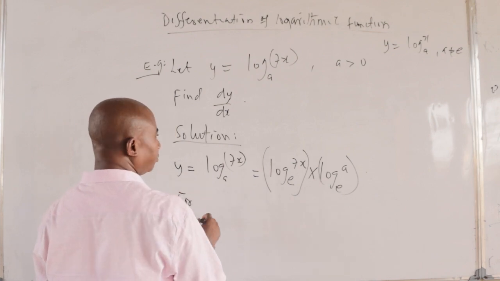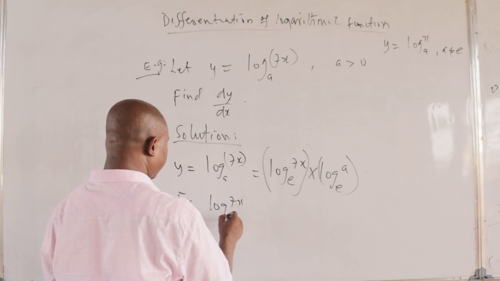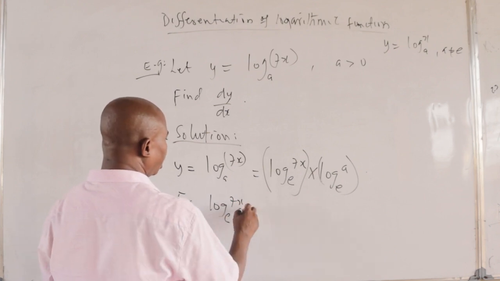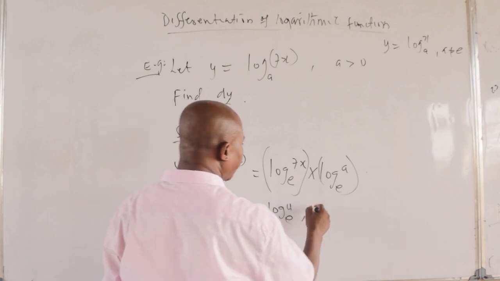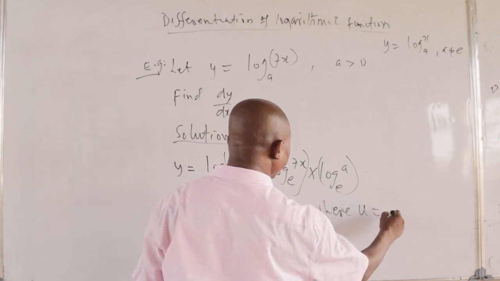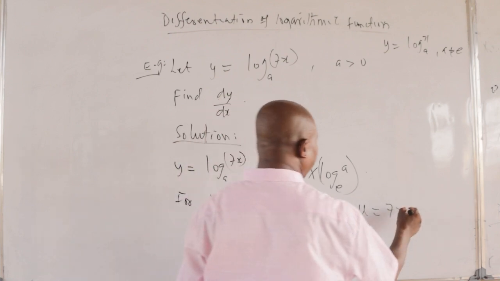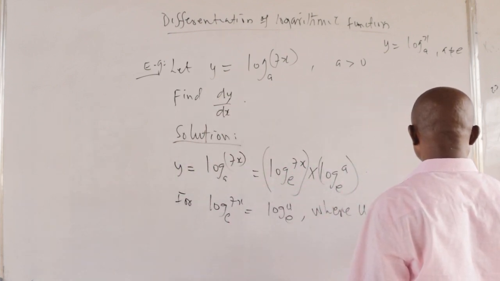For the first term, we want to get the derivative of log 7x to base e. Here we can write this as log of u to base e, where u of x is simply 7x. And that means that the derivative of u with respect to x is exactly 7.